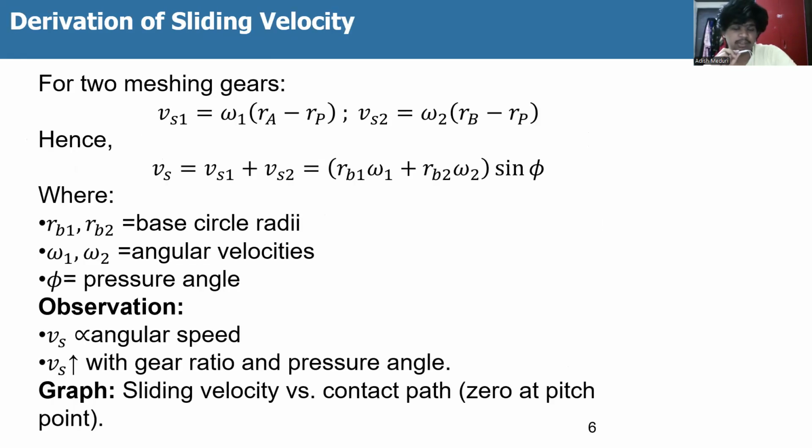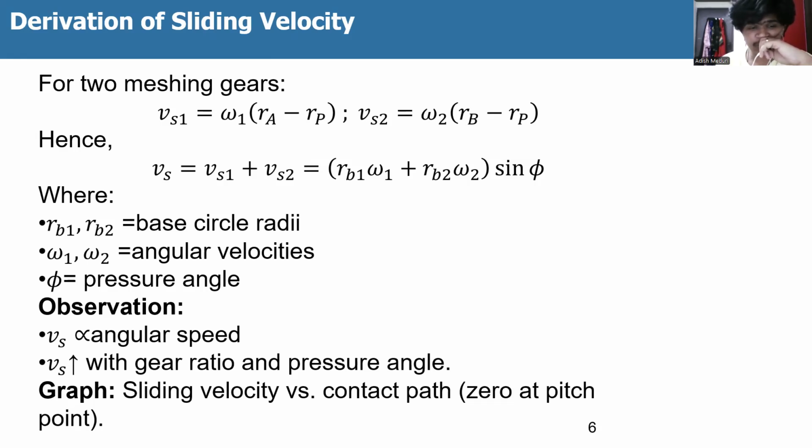Derivation of sliding velocity. For two meshing gears, Vs1 equals omega 1 times (Ra minus Rb), and Vs2 equals omega 2 times (Rb minus Rp). Hence, Vs equals Vs1 plus Vs2, which equals (Rb1 omega 1 plus Rb2 omega 2) sin phi, where Rb1, Rb2 are base circle radii, omega 1, omega 2 are angular velocities, and phi is the pressure angle.